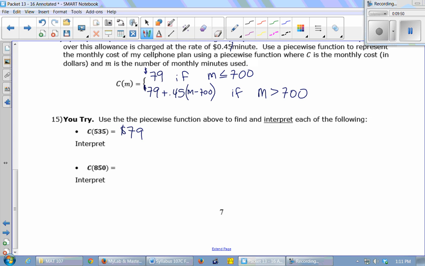If I were to interpret that, I would say it costs $79 to talk for 535 minutes. Okay, and then what would C of 850 be? It's a linear equation. I'll have to plug 850 into the second formula here.